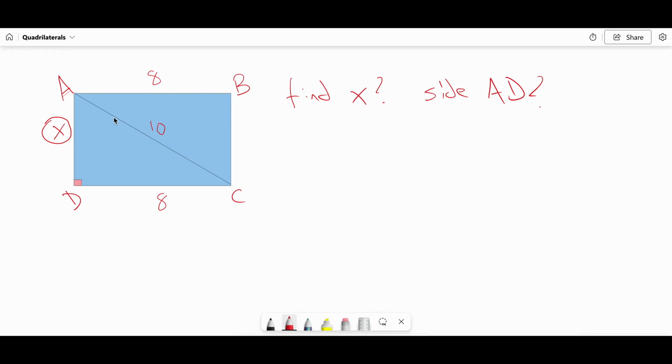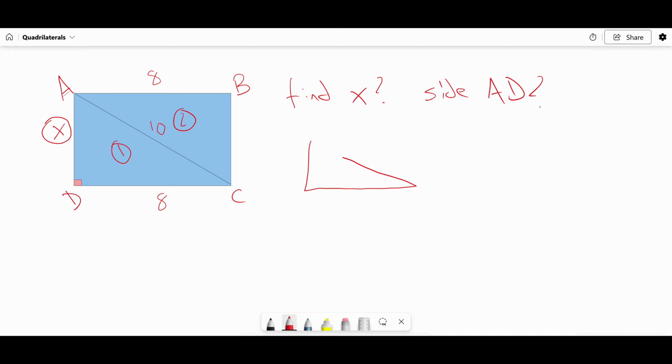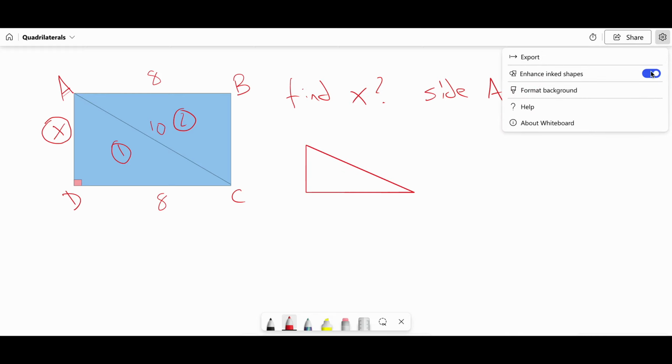Now remember, a diagonal in any quadrilateral creates two triangles. In the case of a rectangle, which is this quadrilateral that we're looking at, a diagonal creates two right triangles.